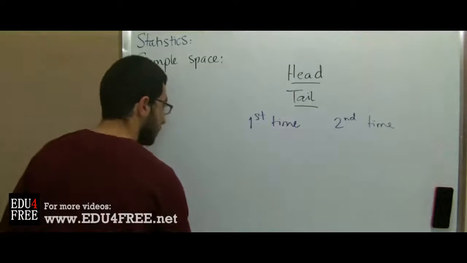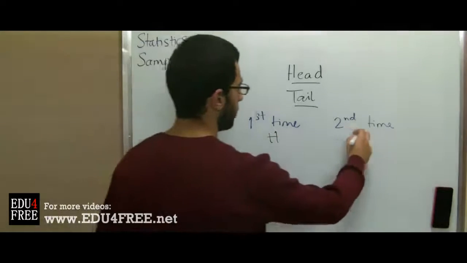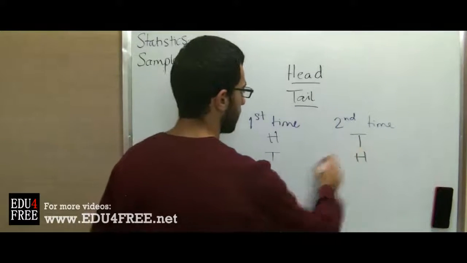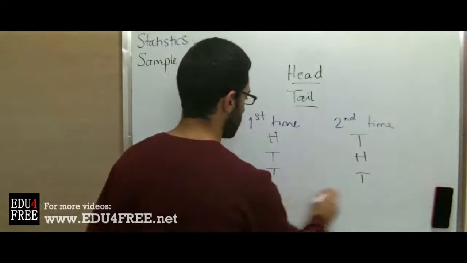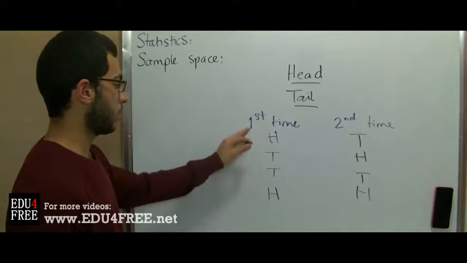Maybe you get heads in the first time and tails in the second time. Or you get tails in the first time, heads in the second time. Or you get both tails or both heads. All of these are possible outcomes.